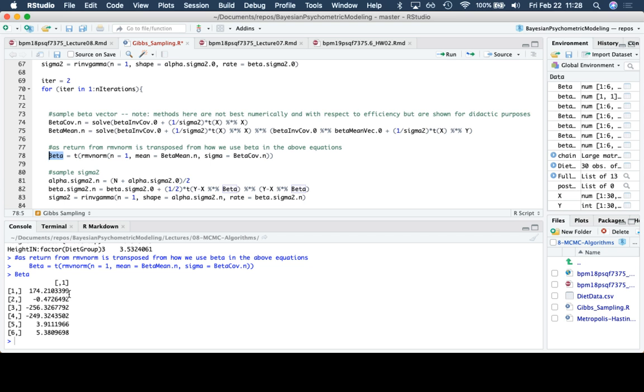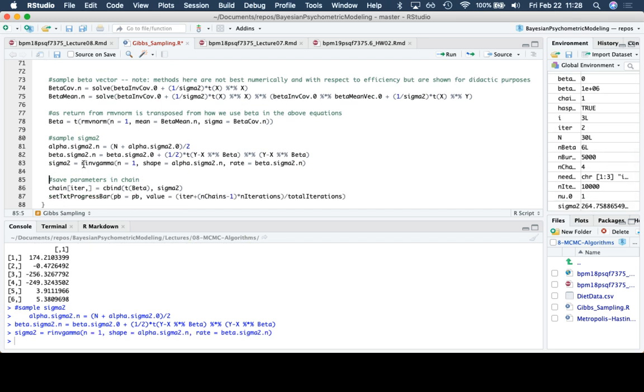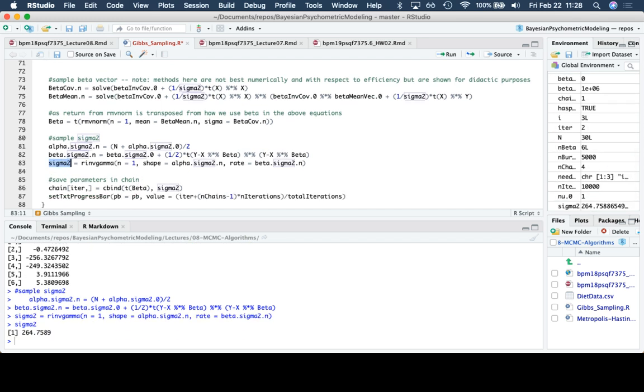We want it to sample this posterior distribution. Same thing with sigma squared: we form the parameters for our inverse gamma, sample another sigma squared, and ta-da, we have another iteration done. No problem. Gibbs is amazing. That whole math part that I stumbled over is hard, but you get over that and you're like, wow, this thing really works.